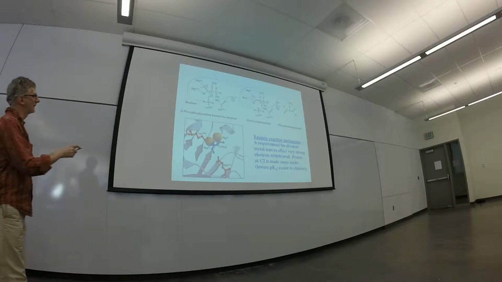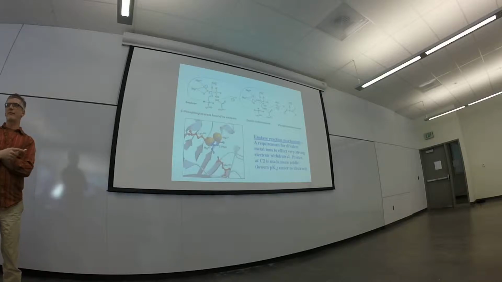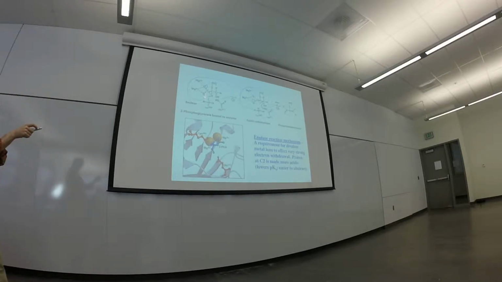Right? So that's a tough bond to break. Okay, so the enzyme has to bring a lot of catalytic power to bear on that. And the catalytic power that is brought to bear is the formation of this enolic intermediate here, where we have a negative charge and another negative charge here. Right? So this is not a carboxylate, right?